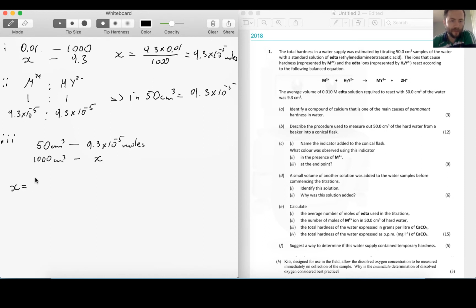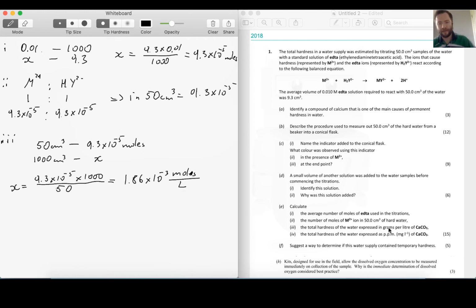X will be equal to 9.3 times 10 to minus 5 times 1000, and I need to divide all this by 50. And the value I'm going to get is equal to 1.86 times 10 to minus 3 moles per liter.